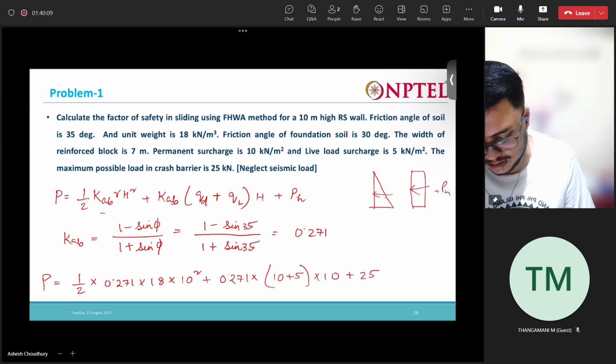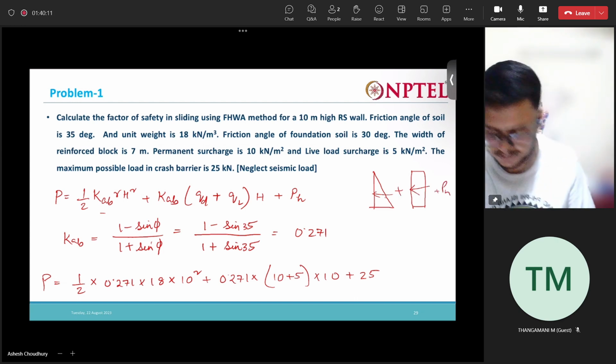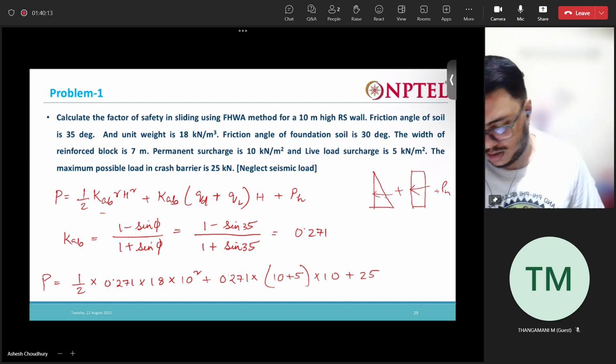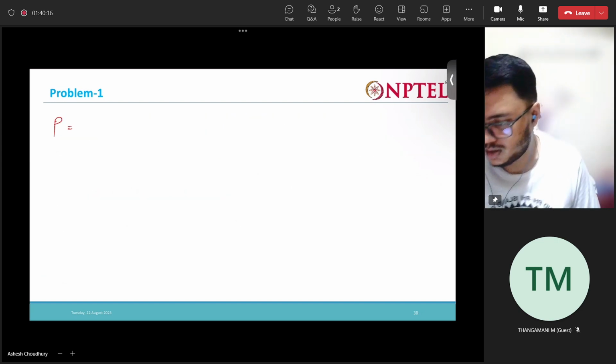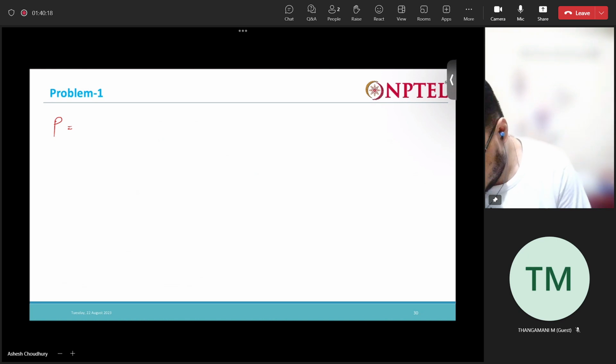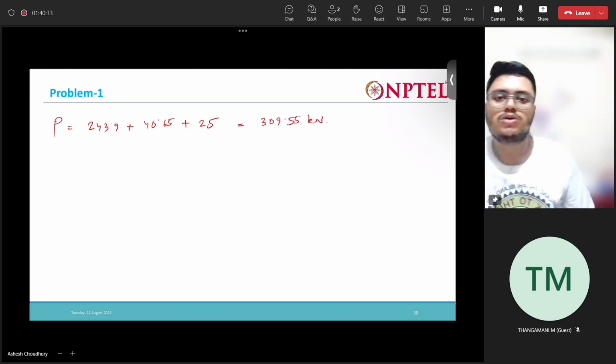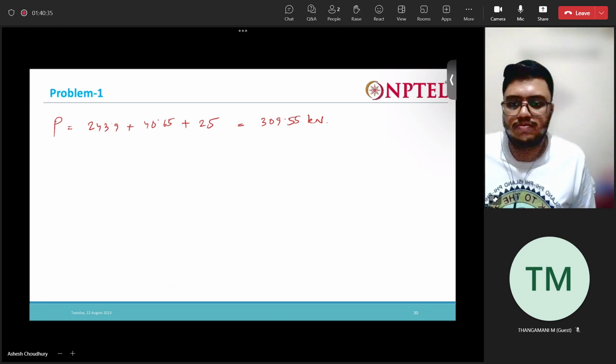So if we add them up, please check the calculation from your end, as it might not be correct. Done. So this is the disturbing horizontal force, right?